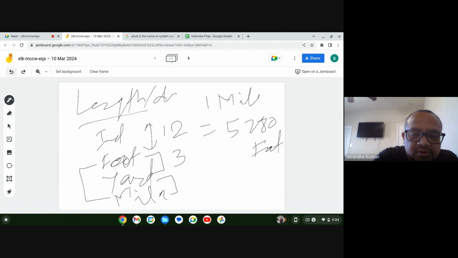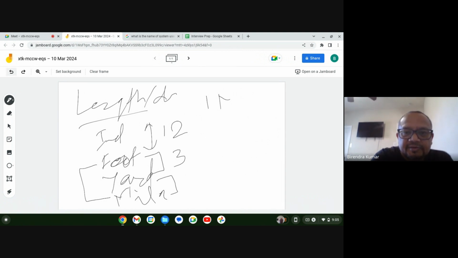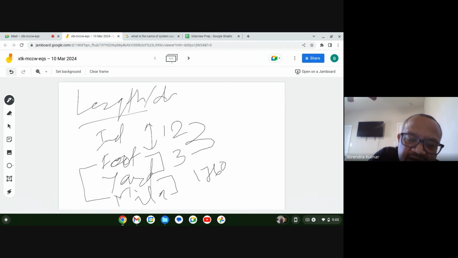Okay, let's go step by step. So 12 inches make 1 foot, 3 foot make 1 yard, and 1760 yards make 1 mile.